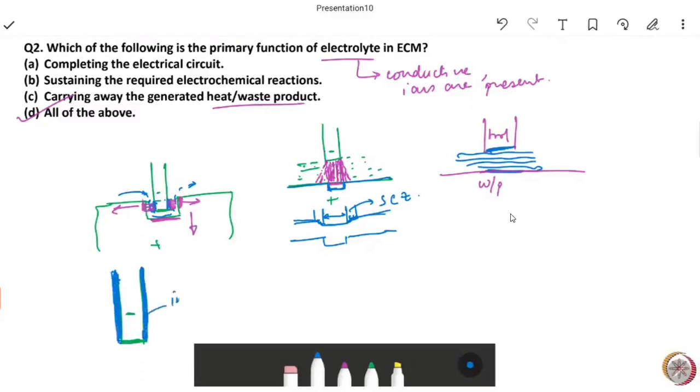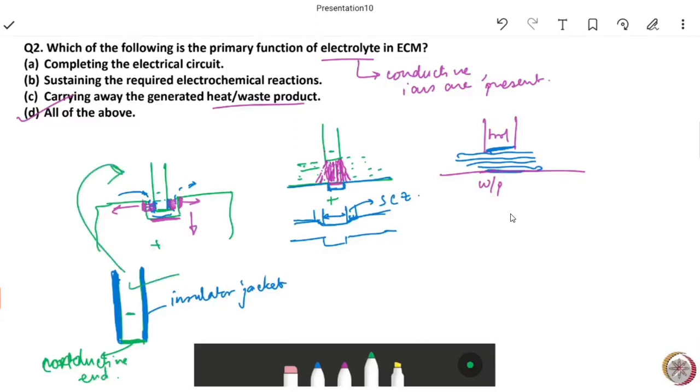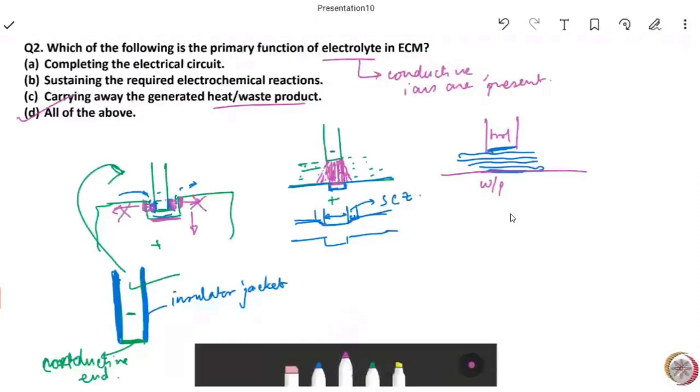So this is the insulated jacket, and this is the metallic, or the conductive rather, conductive end. So if this tool is being used here, then this lateral machining is not happening.